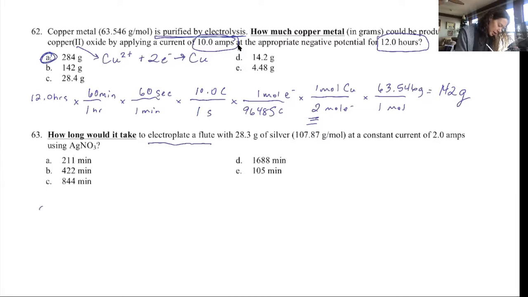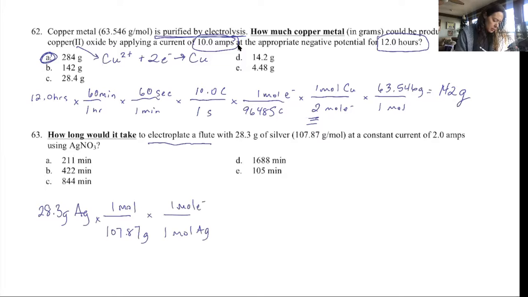Okay, 28.3 grams of silver. There's 107.87 grams per mole. Every 1 mole of silver loses 1 electron. There's 1 mole of electrons, which carries 96485 coulombs. Every 2 amps is 2 coulombs per second.